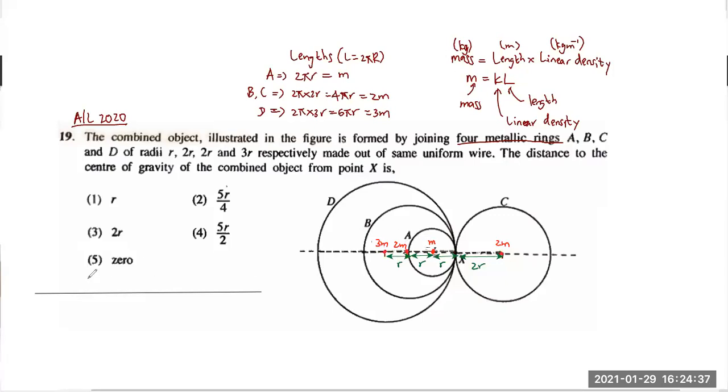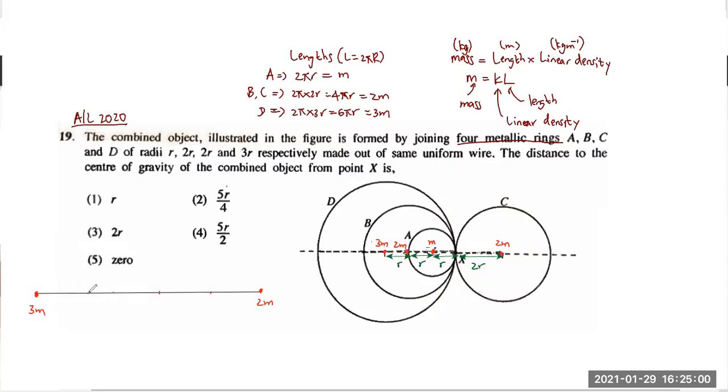Right, let's go. 3m is in this corner. I'll mark the corner 3m, and I'll take 2m here. What is the distance between 3m and 2m? That is 5r, so 1, 2, 3, 4, 5, roughly.